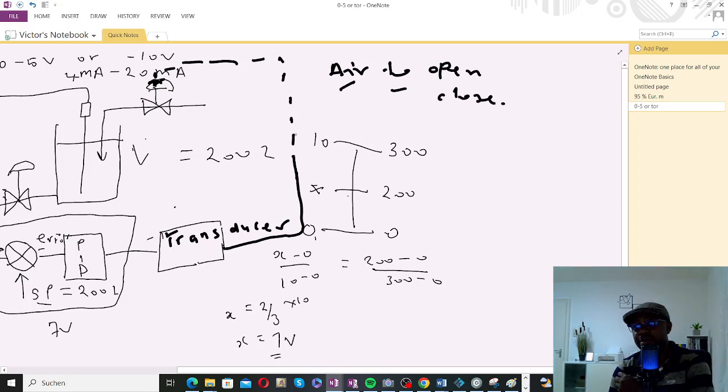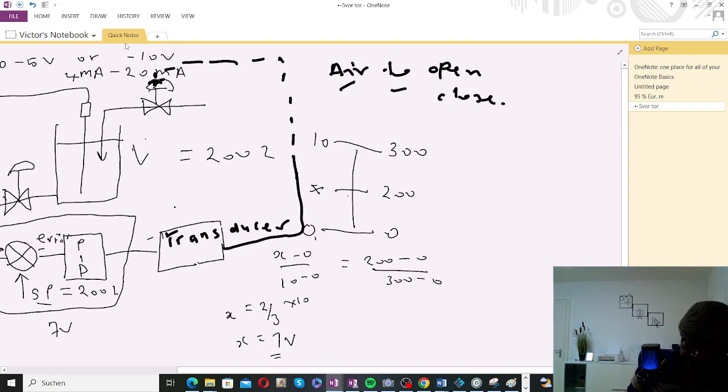So depending on the type of the valve and what the error signal is, the signal coming from the controller will tell the valve to either open or close. This is what is referred to as a feedback control signal.